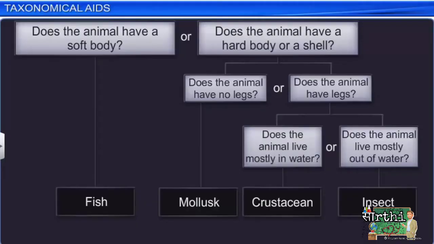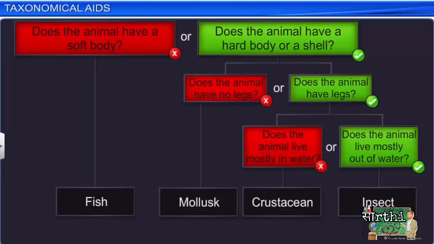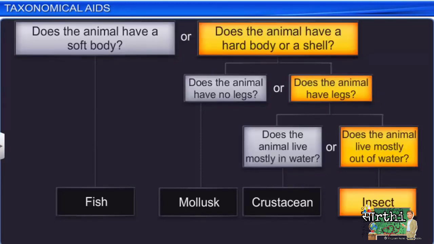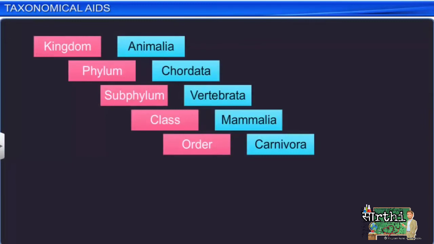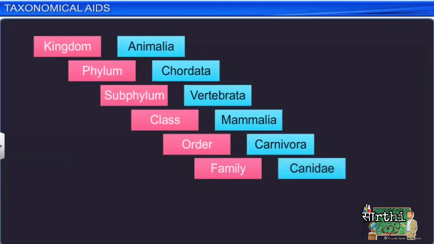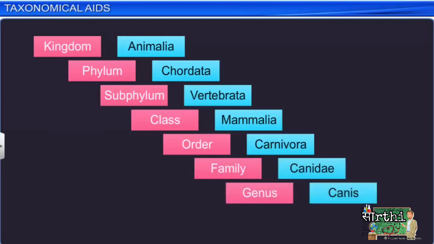So in a couplet, one character is accepted and the other is rejected. Answering the questions in this analytical manner helps in identifying the organism. Separate taxonomic keys are required for each taxonomic category, such as family, genus, and species, for the purposes of identification.